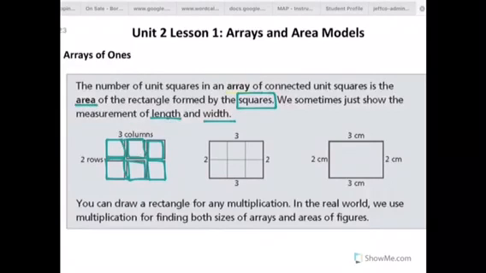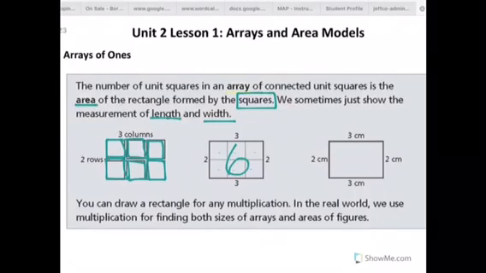I can show the same thing with grid paper. So here I see 1, 2 rows, and 1, 2, 3, we have 3 columns. Again, I can count my squares, and I know we have an area of 6.